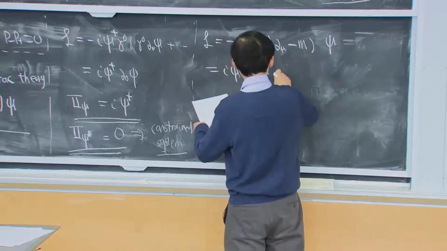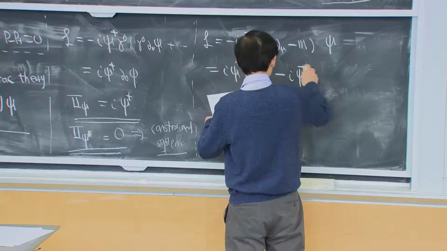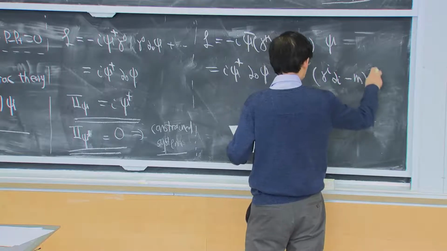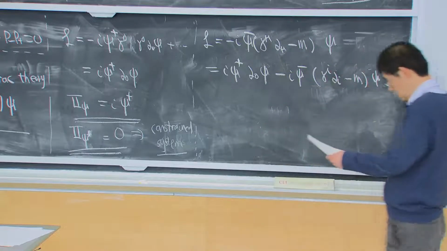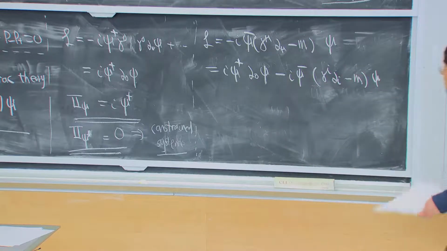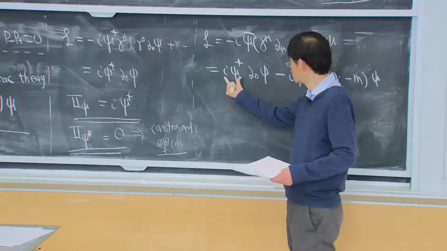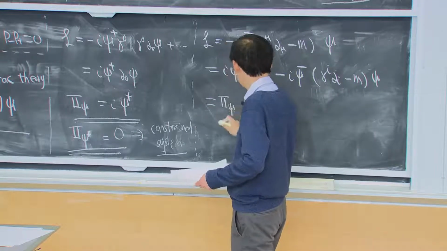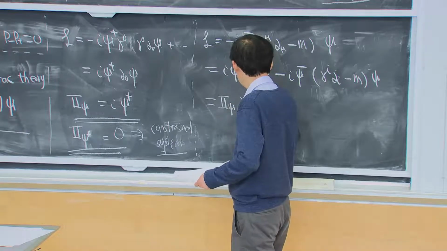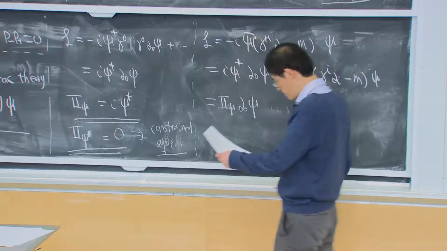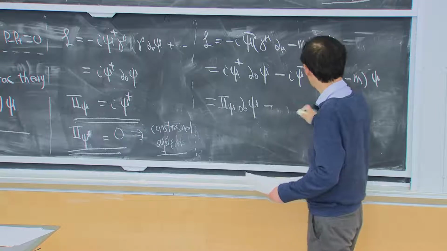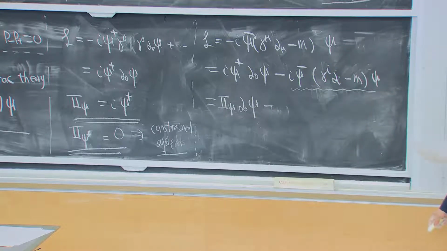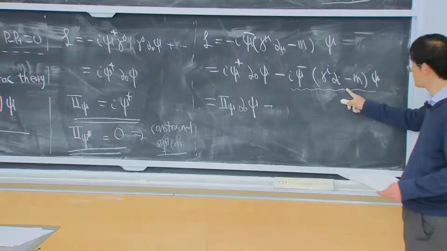And then the rest, I have psi bar gamma i partial i minus m psi, but here they're no longer involving the time derivative. Now we just interpret this as the canonical momentum for psi, and then this is just something involving spatial derivative of psi, and I just interpret this as a Hamiltonian for psi.